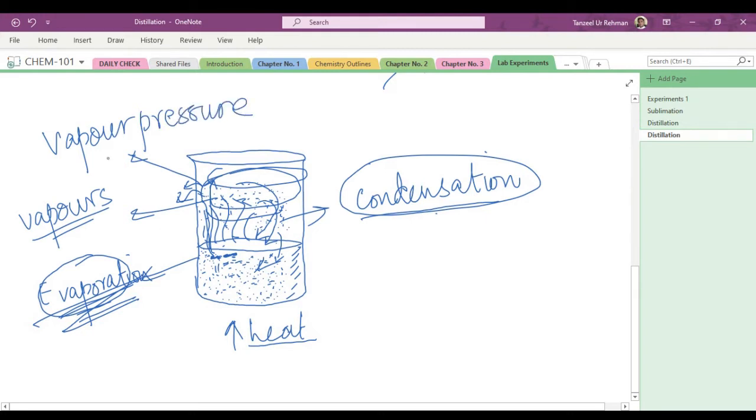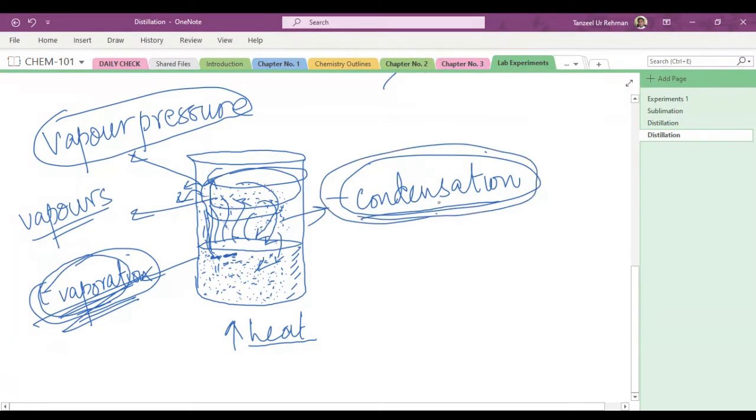So what is vapor pressure? Vapor pressure of the molecules is the pressure of vapors when rate of evaporation becomes equal to the rate of condensation. At this stage it is called vapor pressure. Okay, students, now here we have vapor pressure.